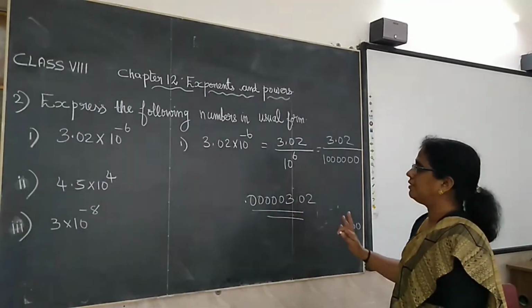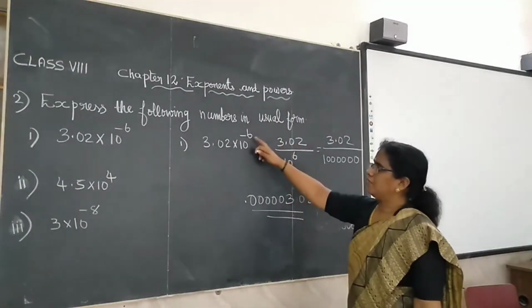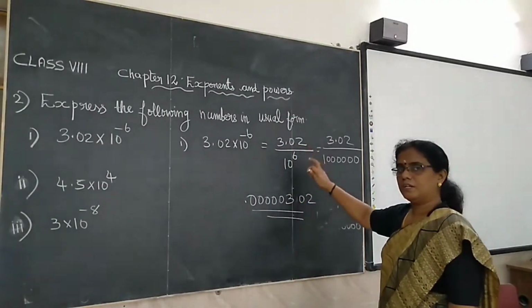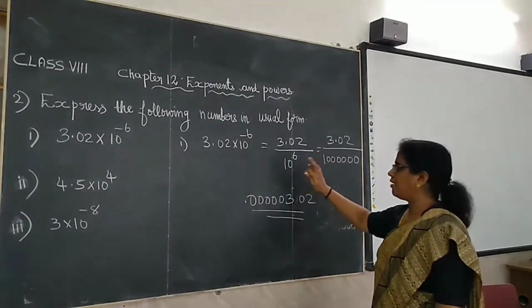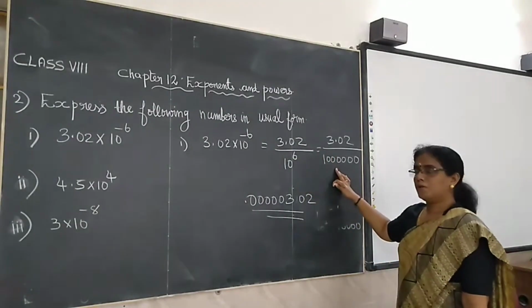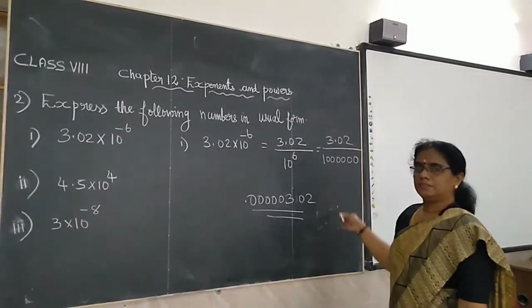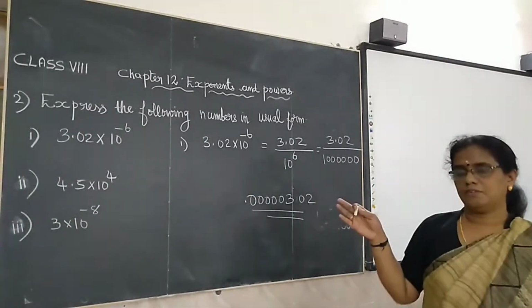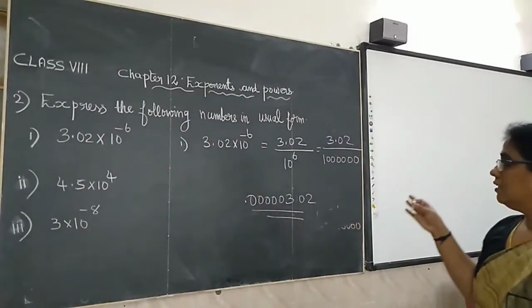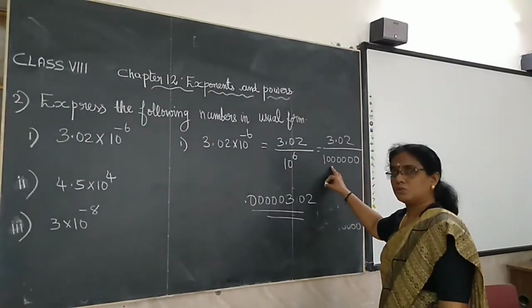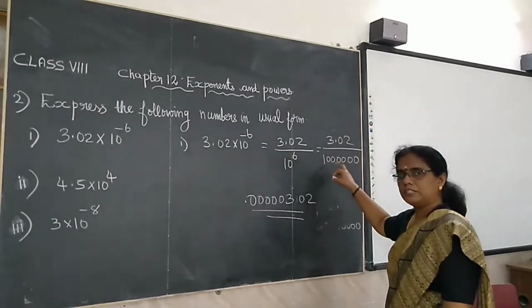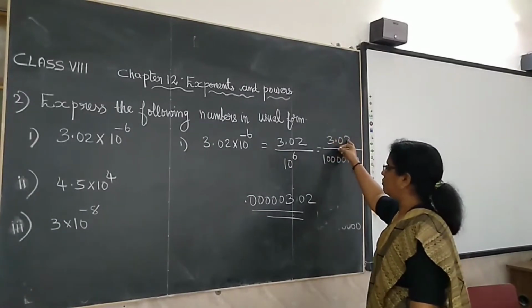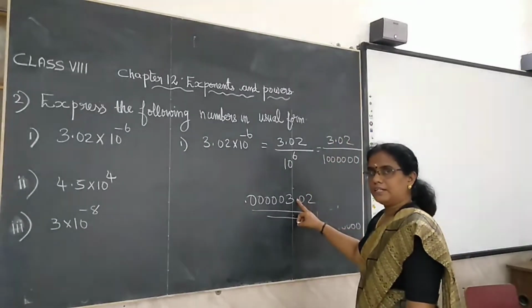So first what I have done is make the power positive by taking it into the denominator. This is the exponential form, and after that I have written the normal form. This is just like a fraction, division of a number with zeros. When we change the number into decimal form, first we write the numerator without any change.